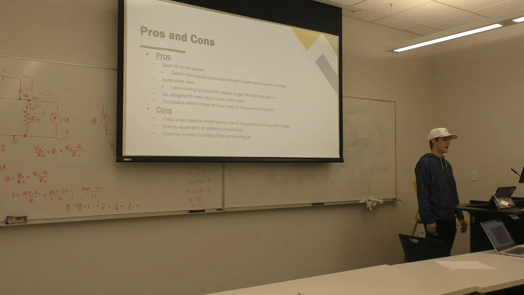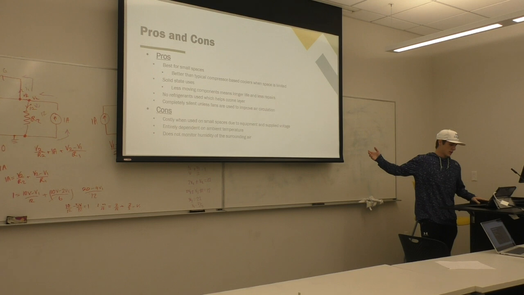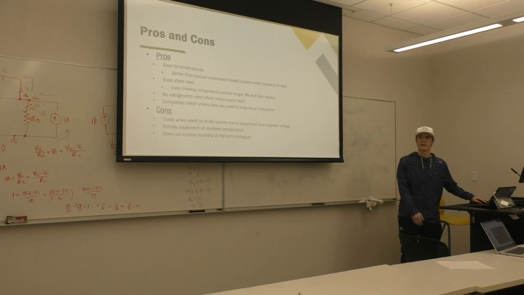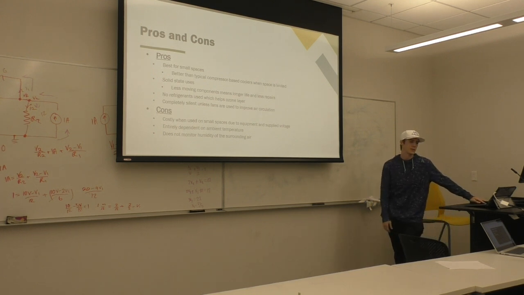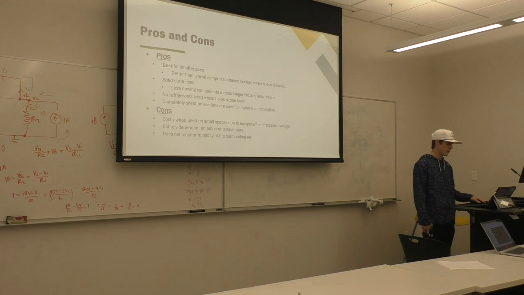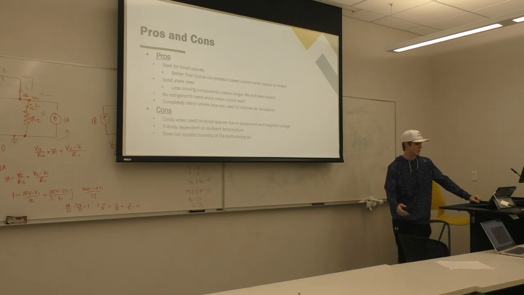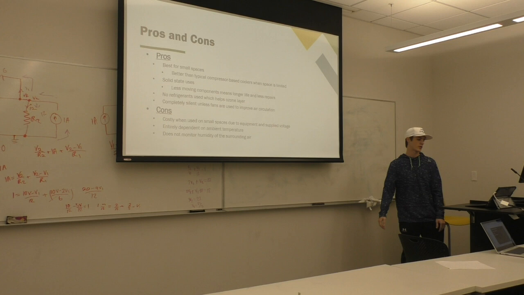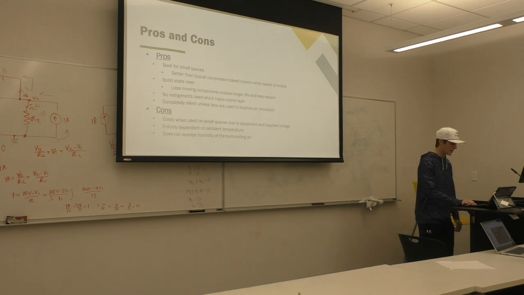There are also fewer moving components, which means a longer life and fewer repairs, because typically the moving components are the ones that experience wear or need to be replaced. And as Alex had mentioned, this process doesn't use refrigerants like HFCs, the hydrofluorocarbons, which are harmful to the ozone layer, so this is a good alternative using conduction to accomplish that.